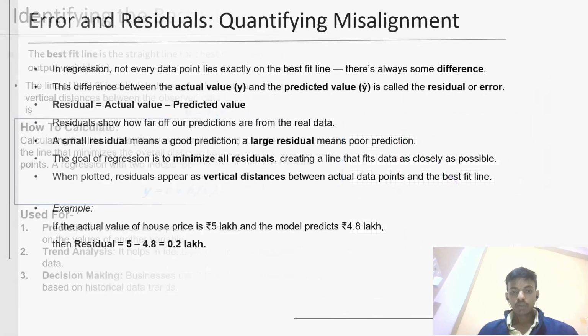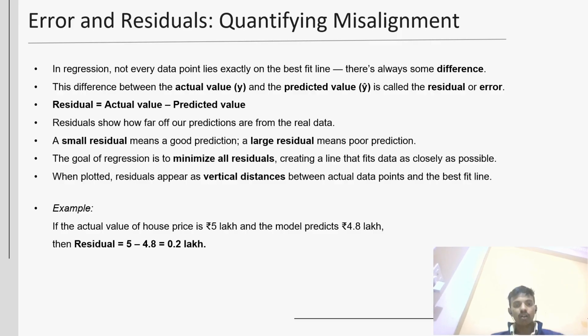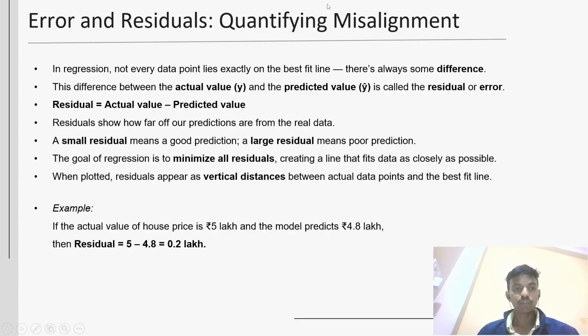Moving toward the next slide, error and residual. Even the best fit line doesn't pass through every point. There is always some difference. The difference between the actual value and the predicted value is called the residual, as we see here in the third point.